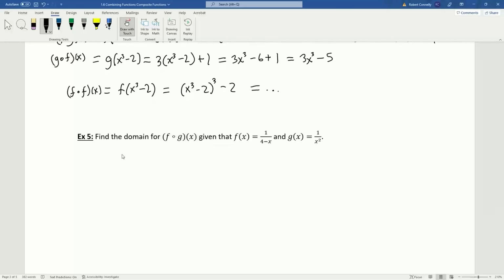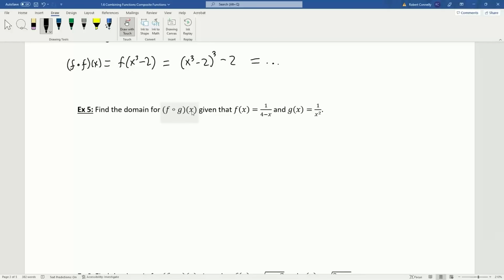All right, so find the domain for f composed with g of x given that f of x equals 1 over 4 minus x and g of x equals 1 over x squared. All right, well, let's see what we've got here. First of all, we need to know what the domain for g of x is.